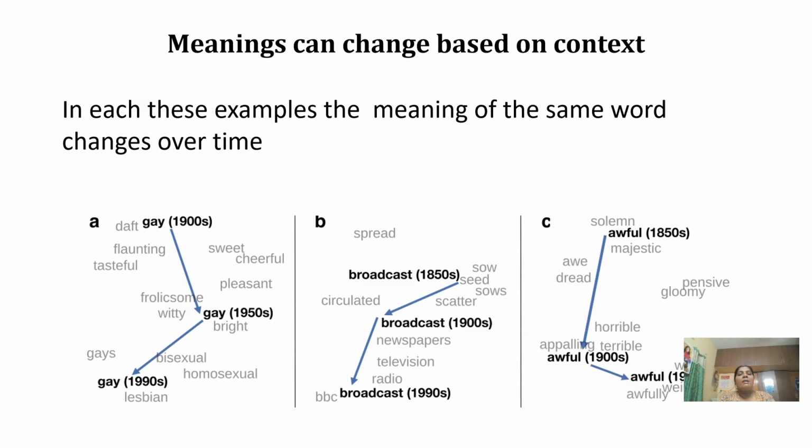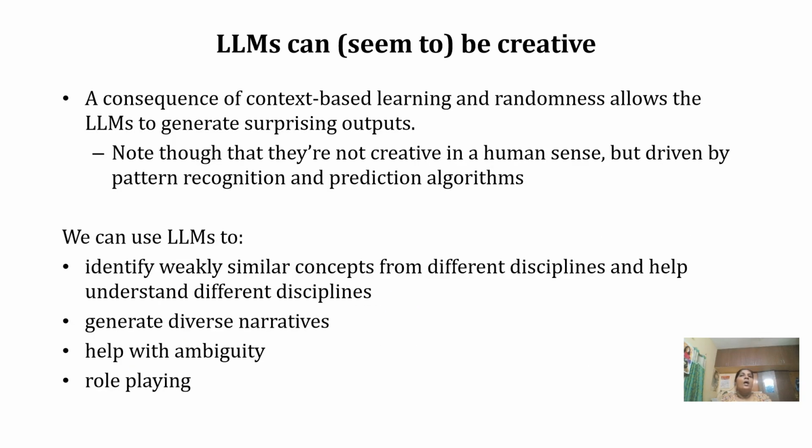So, accordingly, it tries to fill in the appropriate word that goes with a similar context for a sentence. So here is an example to tell about the word gay, the word broadcast, the word awful. So with this kind of computation, it tries to fill the next word in a sentence or a next character, or a next paragraph and so on.